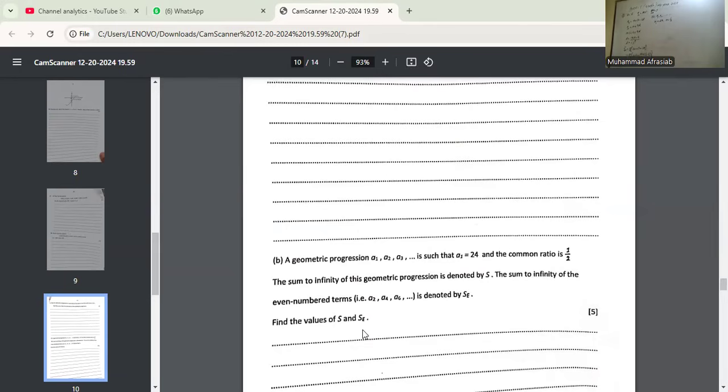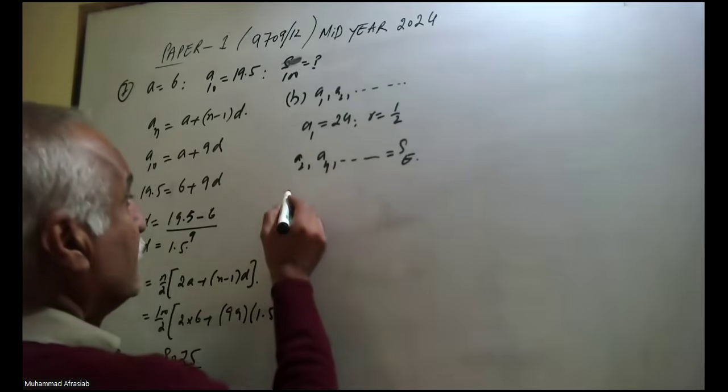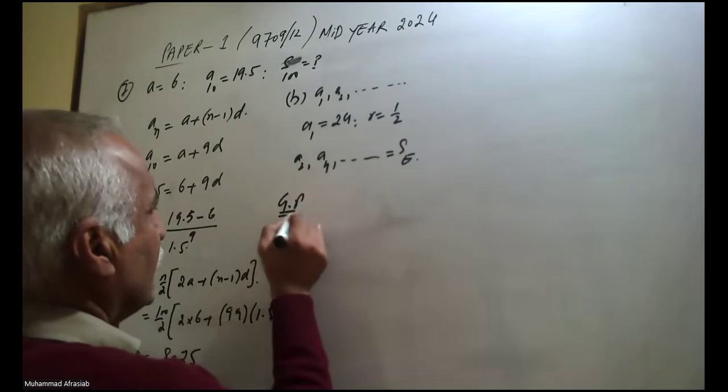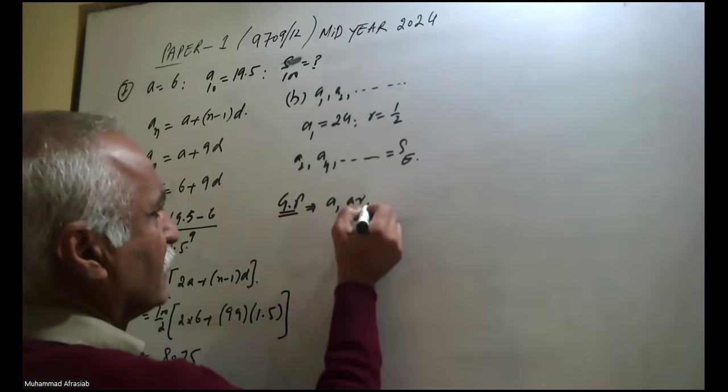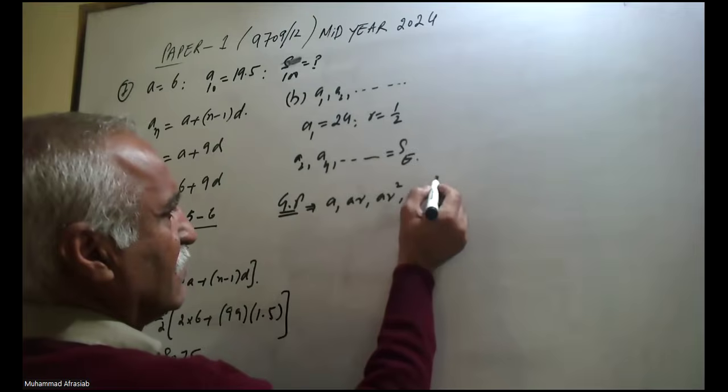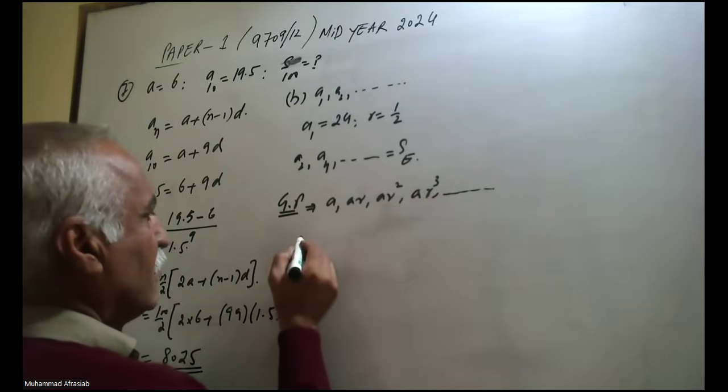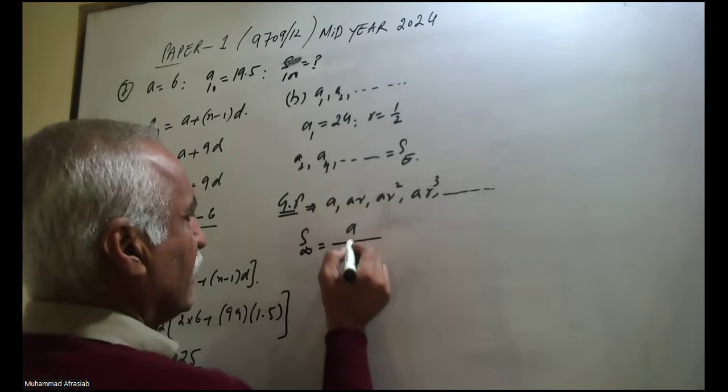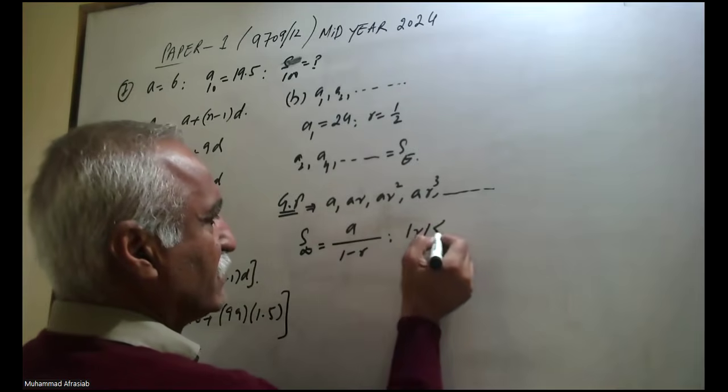Find the values of S and SE. Since we know that the geometric progression has the first term a, then ar, then ar squared, then ar cubed, and so on, the sum to infinity is a over 1 minus r, where modulus of r is less than 1.